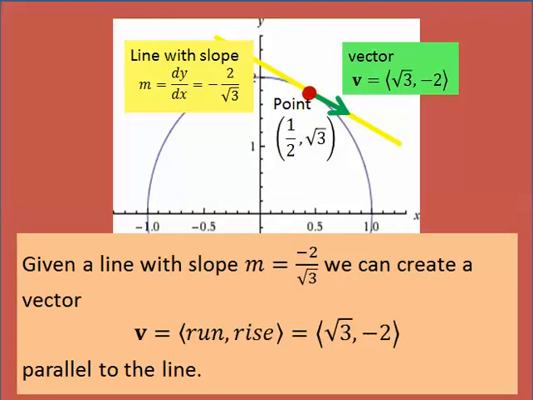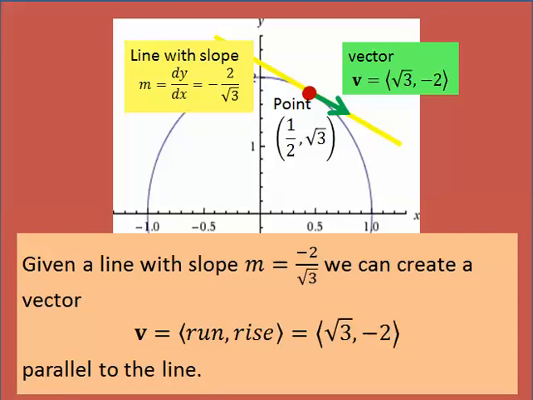Now this is a side note. This is a piece of information that I know we're going to need later. Let's talk about a vector parallel to this tangent line. There's a whole bunch of vectors parallel to the tangent line. All I need is one, and I'm going to use a vector v equals run comma rise.